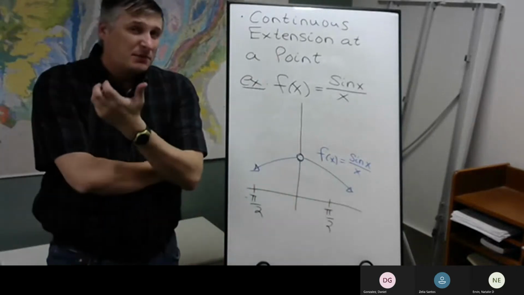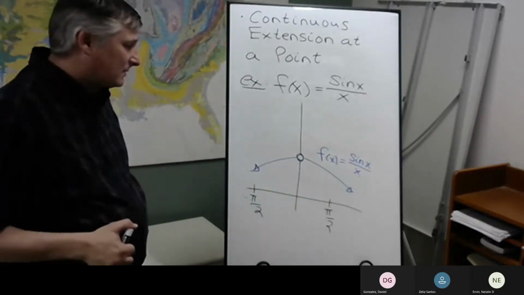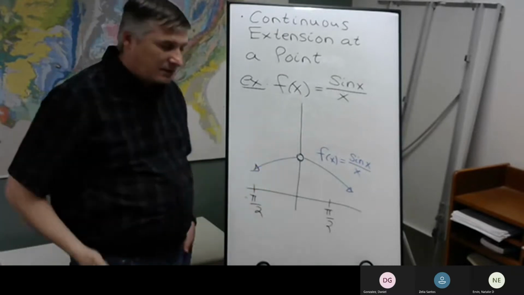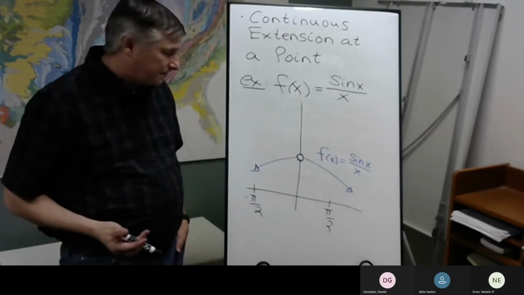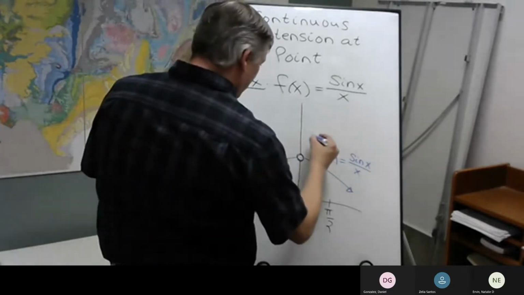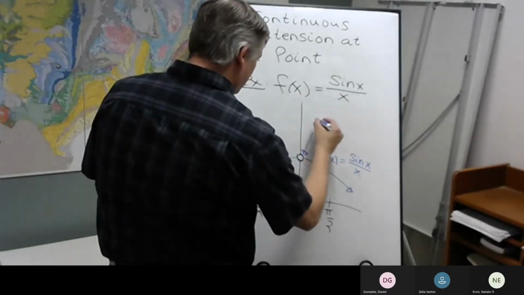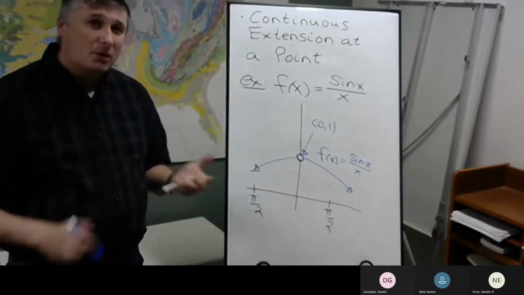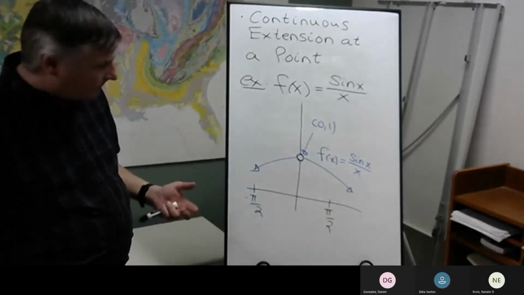So for f of x equals sine x over x, we're going to have a discontinuity at x equal to 0. Now, the key thing here is that the discontinuity is located at 0 and 1.